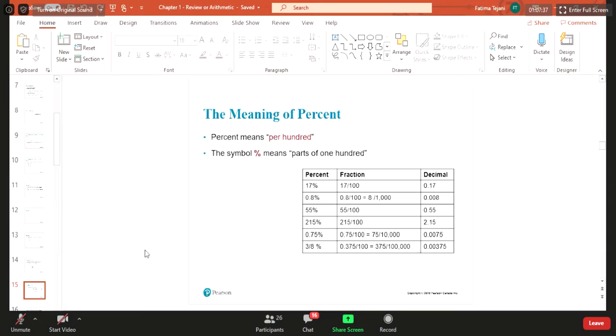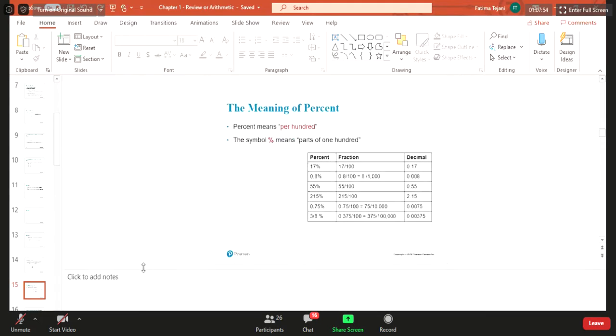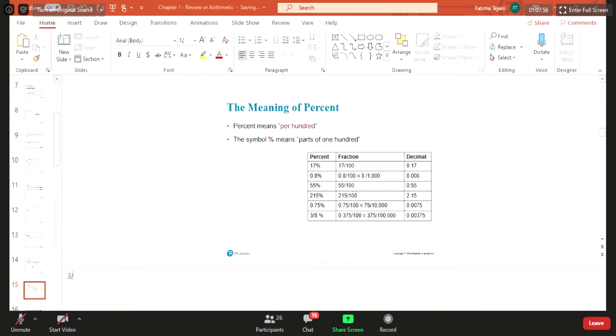So however many values you have after the decimal, you have to add that many zeros. For example, 3 divided by 8%. Let me take it up here. It's 3 divided by 8%, so that is equal to 3 divided by 800, which is 0.375 divided by 100.